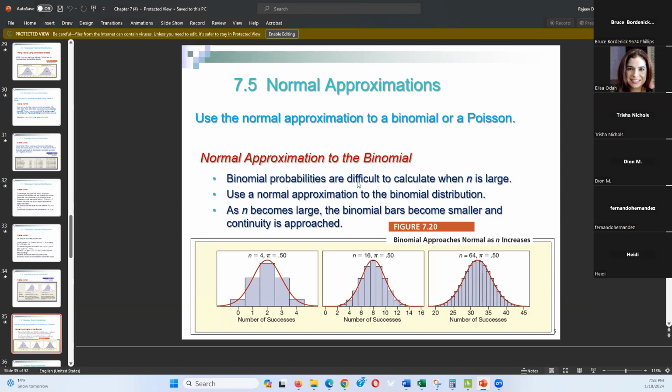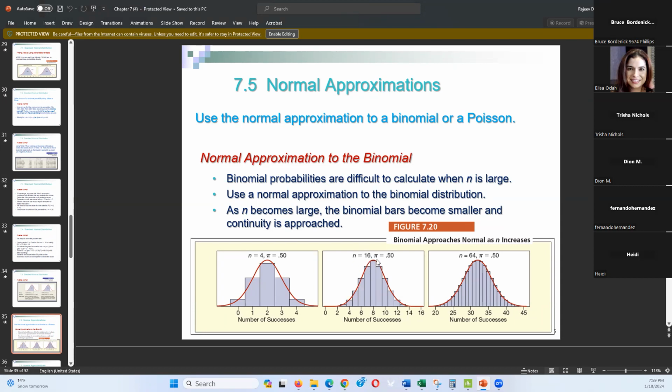Because every distribution behaves like a normal distribution when the sample size n is large enough. So n equal to 16, after this, the binomial distribution table ends.